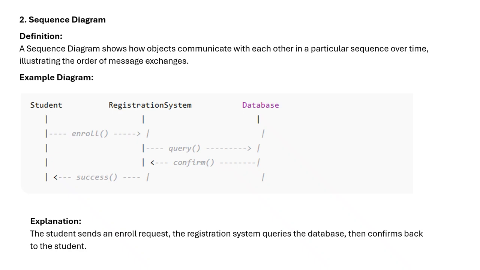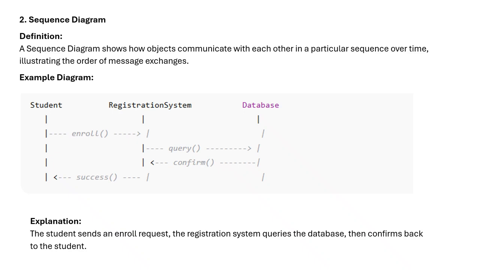When this method finishes, it calls a method called confirm, and after that there is a message that goes from the registration subsystem, called success. This is very interesting because it shows how things flow in time.